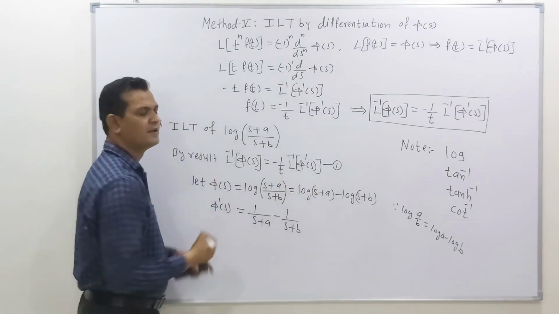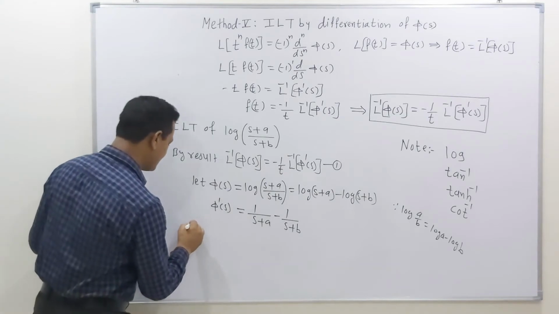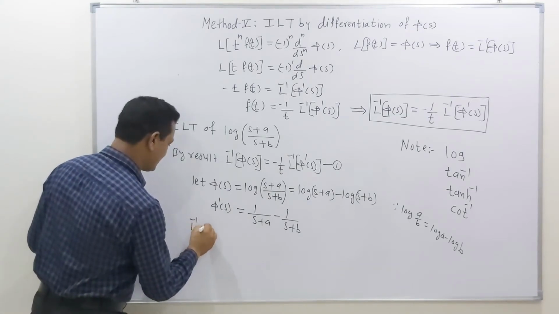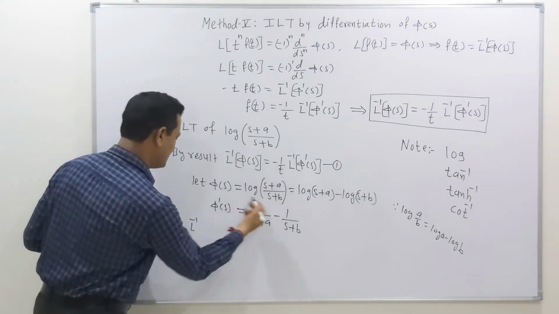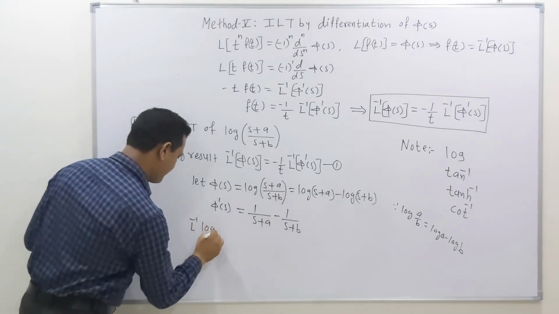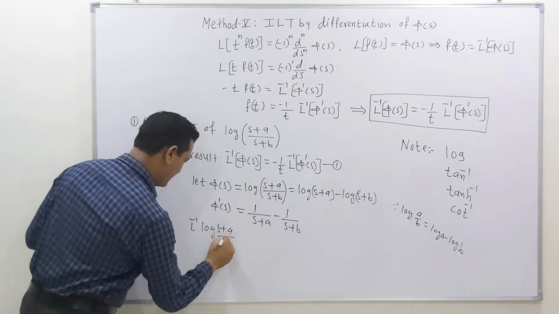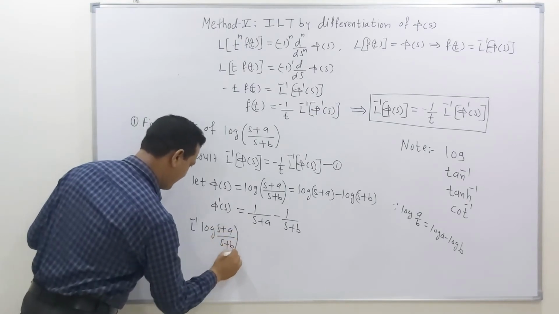Now put this value in the given equation, so we get the inverse Laplace transformation of phi of s. What is the value of phi of s? Phi of s is log of (s plus a) upon (s plus b).